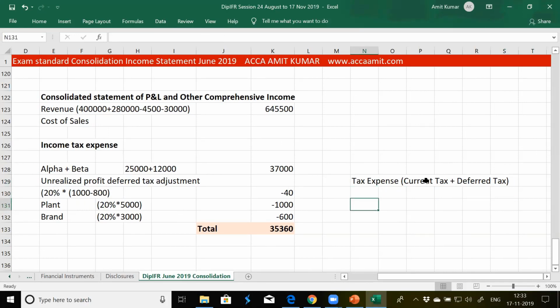We are reducing directly tax expense. That means we are reducing a combination of current tax and deferred tax. Now, current tax is the amount which is payable to tax authority as per their calculation.